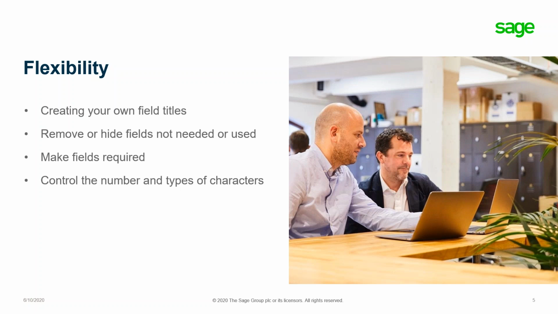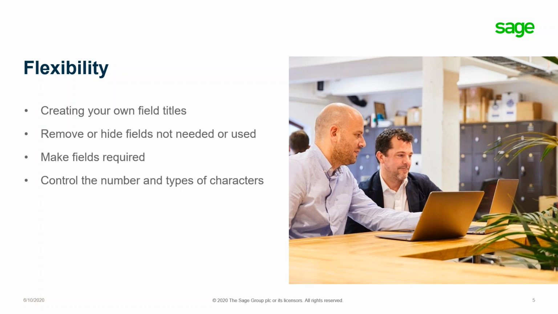You can also remove fields that you don't plan to use. That will streamline your view a bit. And you can force certain fields to be required. They'll have to be filled in before the asset can be saved. And also how to set a limit to the maximum number of characters in a field and what types of values might be allowed in those fields.